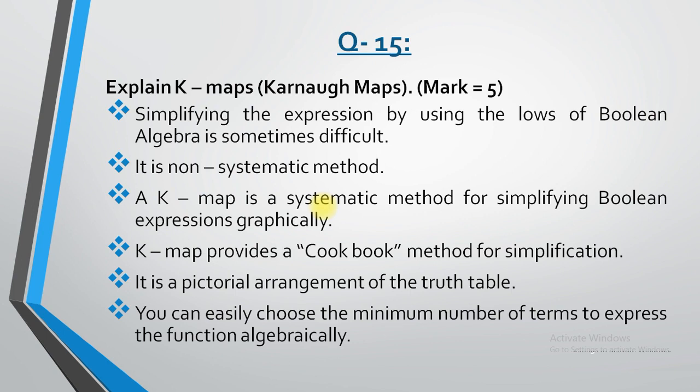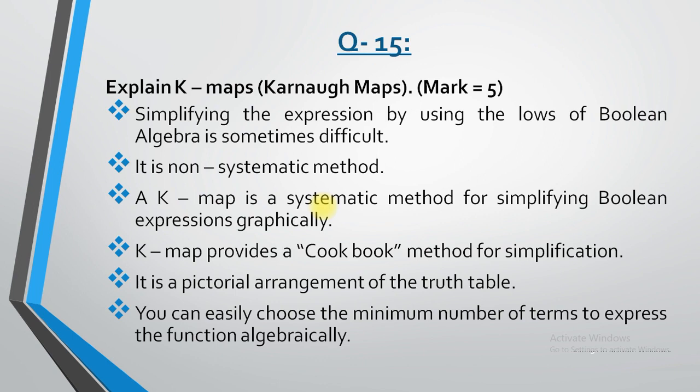A K-map is a systematic method for simplifying Boolean expressions graphically. Let us repeat these 3 points: simplifying Boolean expressions is sometimes difficult because you need to understand the laws of postulates, and it can be considered a non-systematic method. So you have the K-map, a graphical representation of your Boolean function, which you can consider a systematic method.